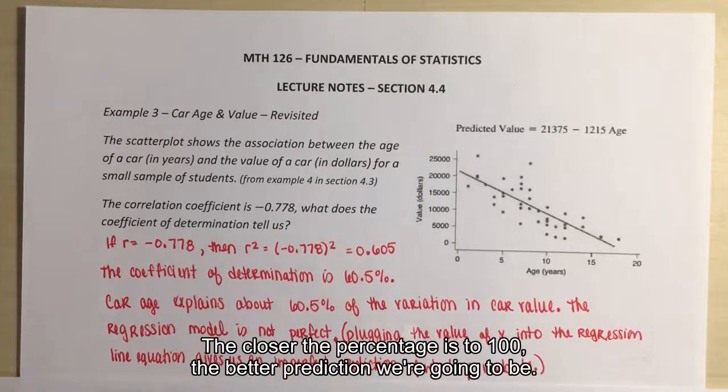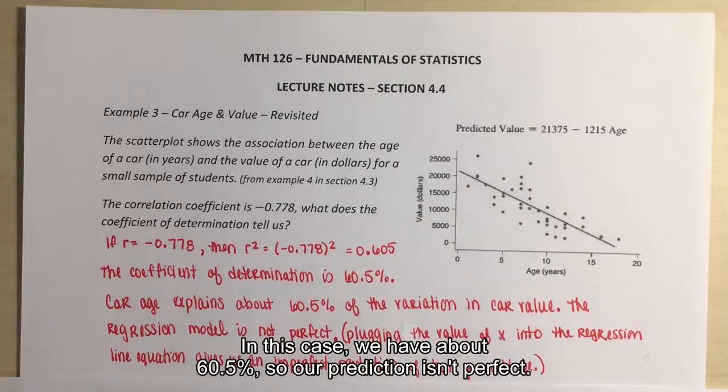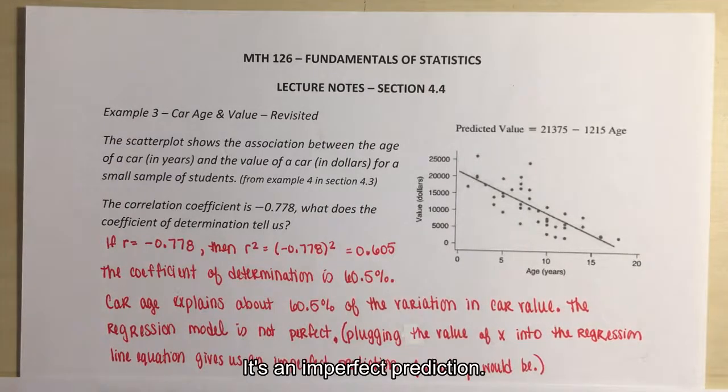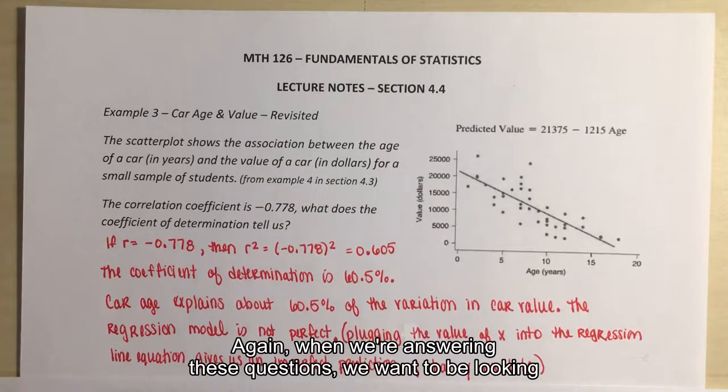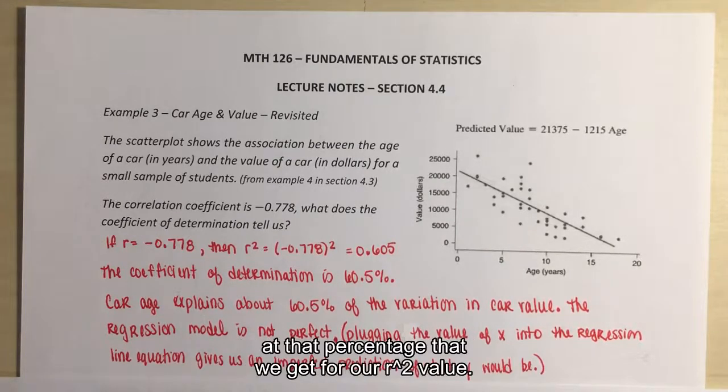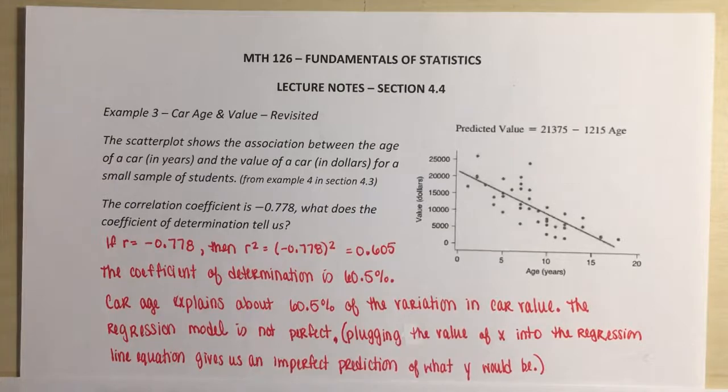So the closer the percentage is to 100, the better prediction we're going to get. In this case, we have about 60.5%, so our prediction isn't perfect. When we're answering these questions, we want to be looking at that percentage that we get for our r squared value.